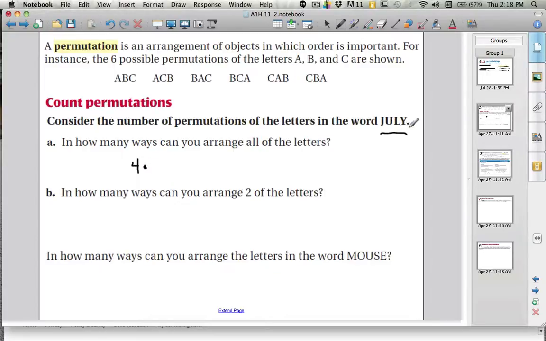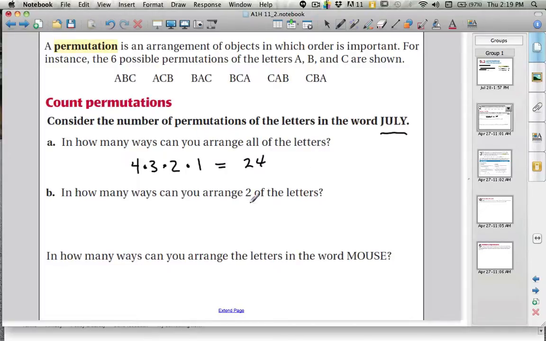And then once I've selected a letter, that means there are 3 left to choose for the second letter. And then there are 2 left to choose for the third letter and 1 left for the fourth letter. So this is going to be 4 times 3, which is 12, times 2 is 24, times 1 is also 24. So there are 24 different ways to go.